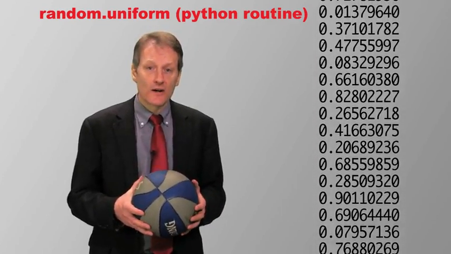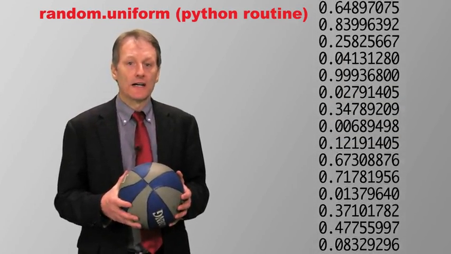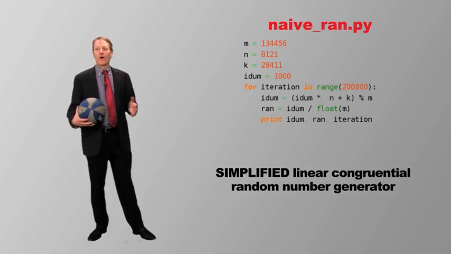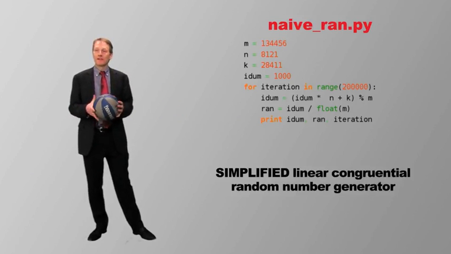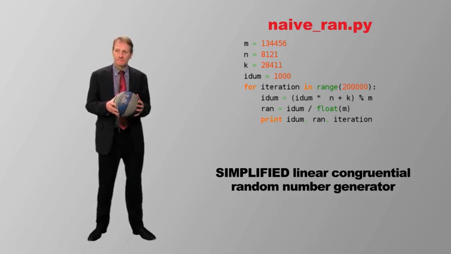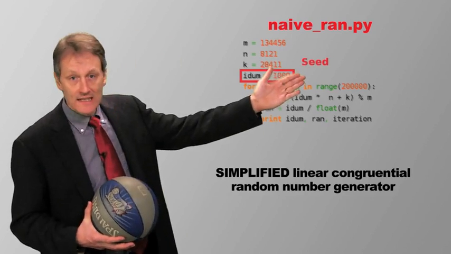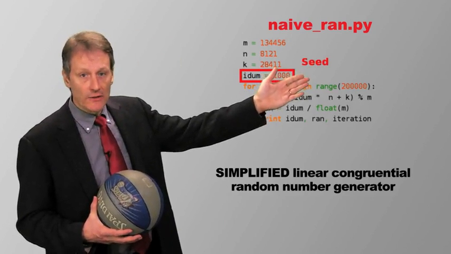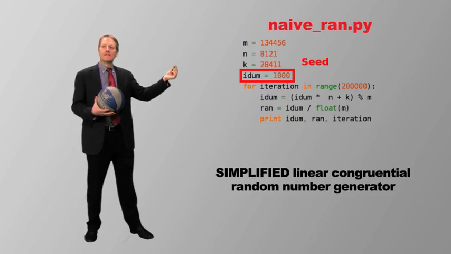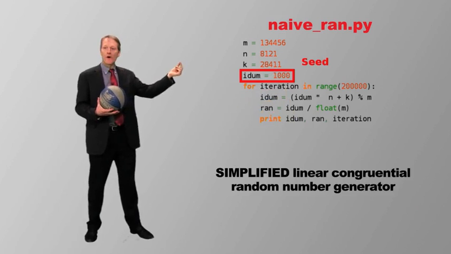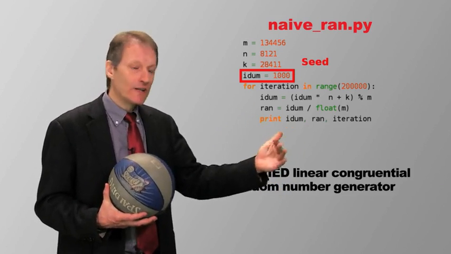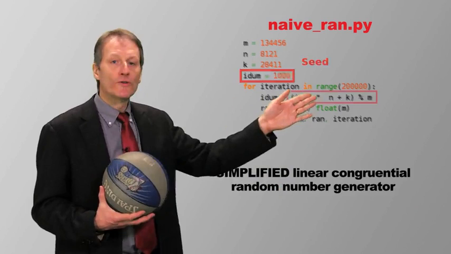To get an idea of what random numbers really are, let us consider a baby version of a random number generator. It is called a congruential linear random number generator. Starting from a seed, an initial integer value, it generates a deterministic but seemingly erratic sequence of integers that are folded back into a given interval through a modulo operation.